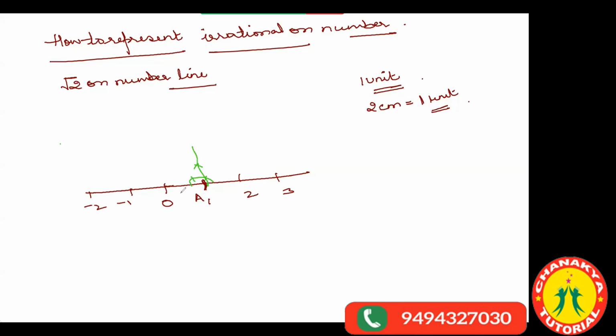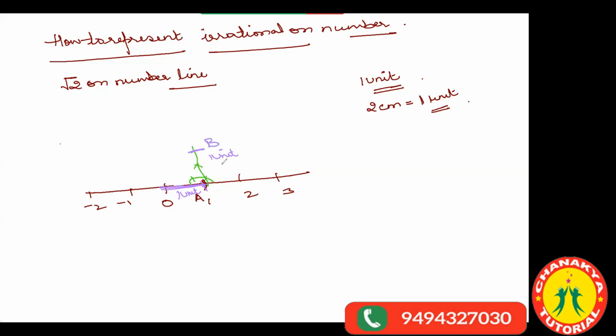This is 1 unit. This is 1 unit. Now take this distance in your compass, put your compass over point A and put an arc over here. Mark this point as B.